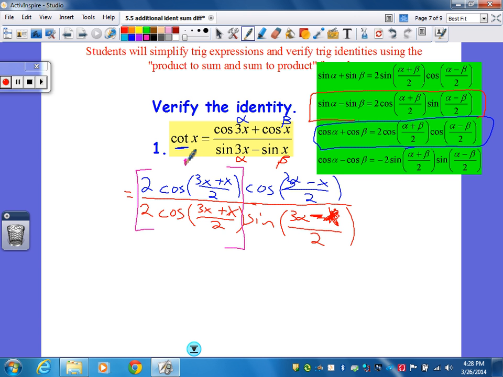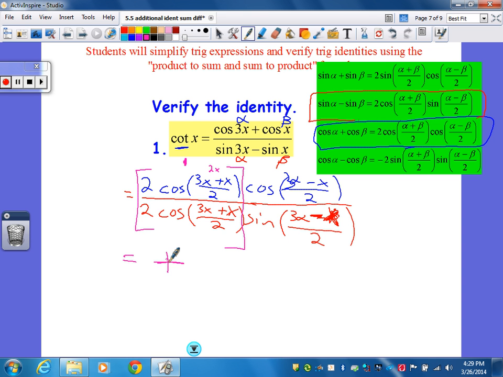You could even say, okay, I have 2x, well, that's just 2 cosine x over 2 cosine x again. Well, that's the same thing. So that simplifies to 1. So now from there, I'm going to write 1.